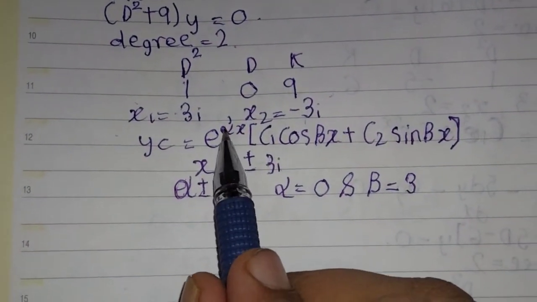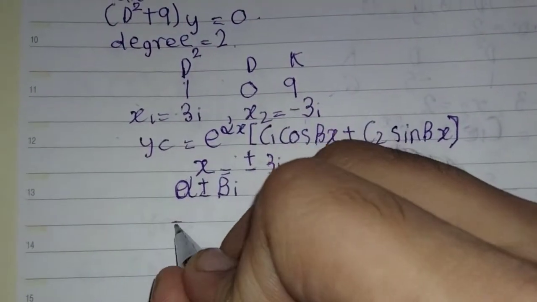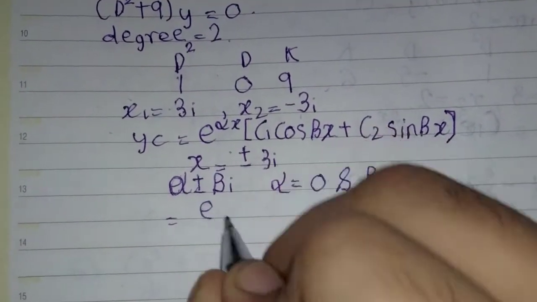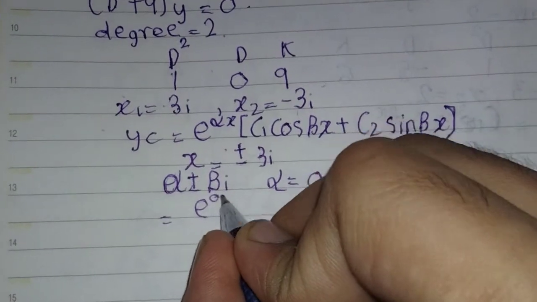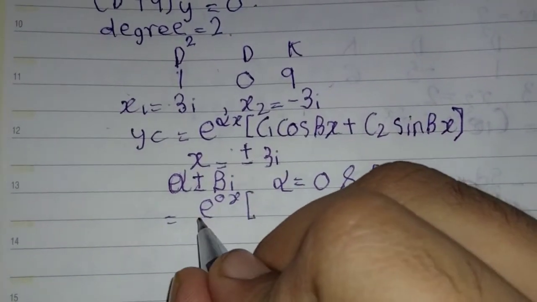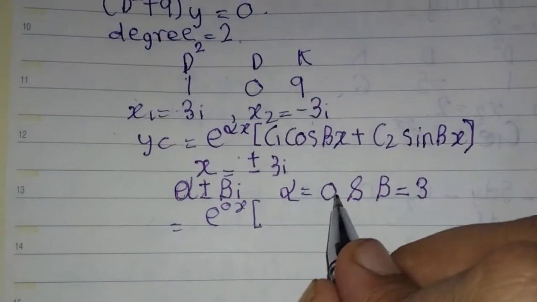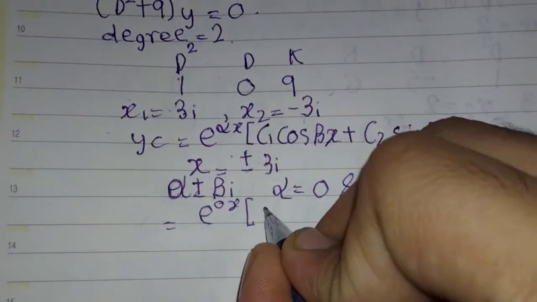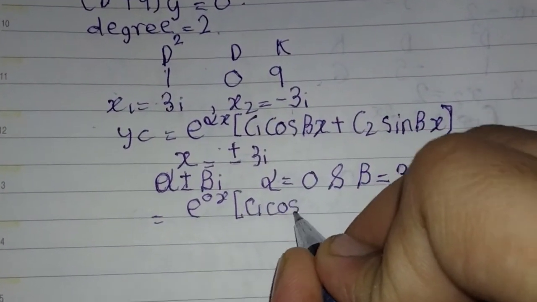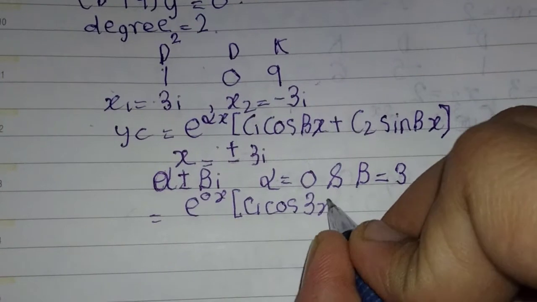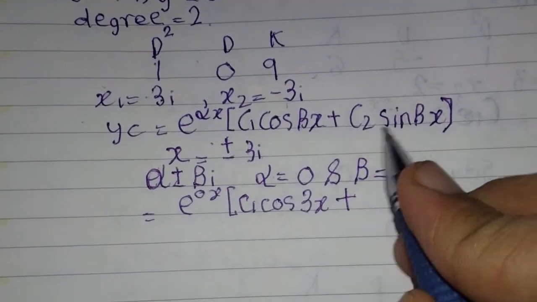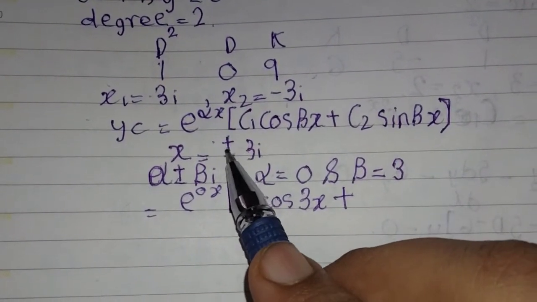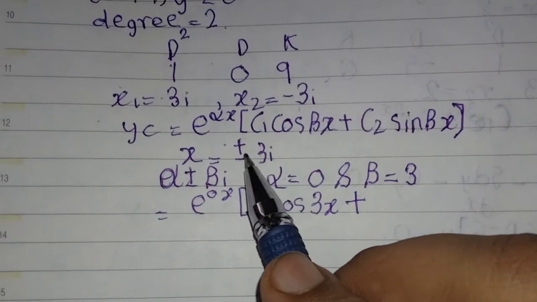So now putting the same values in this function equation, we will get e raised to 0x. We can write it as 1, as anything raised to 0 is 1. c1 cos 3x. Whenever we take the value of beta, we have to take only the positive value.